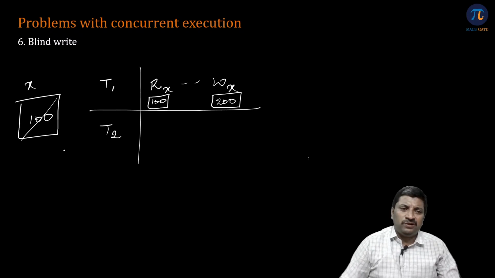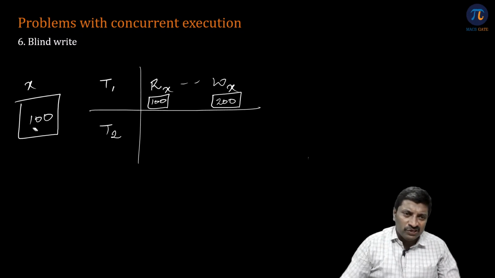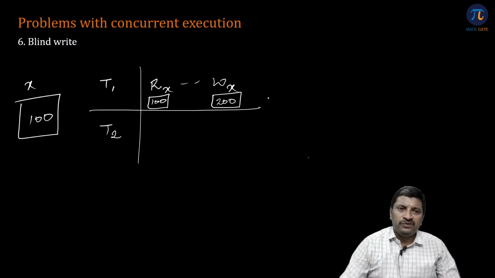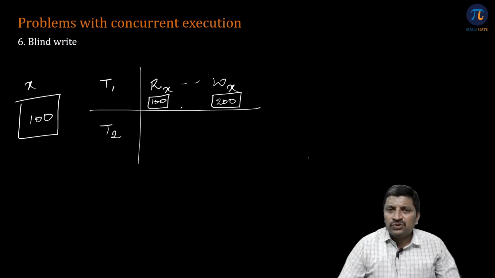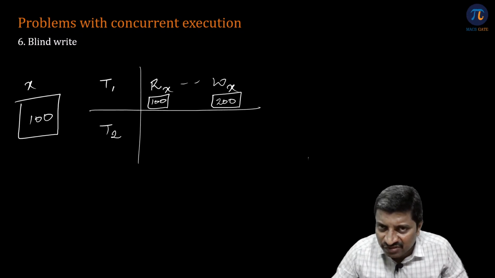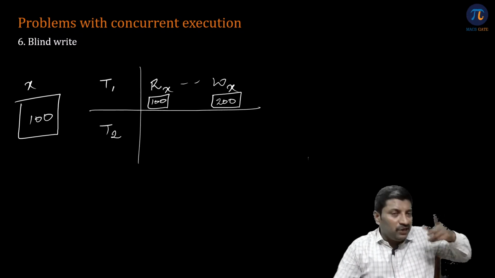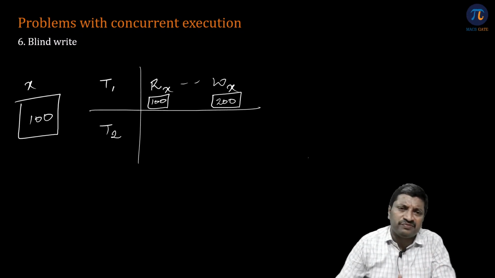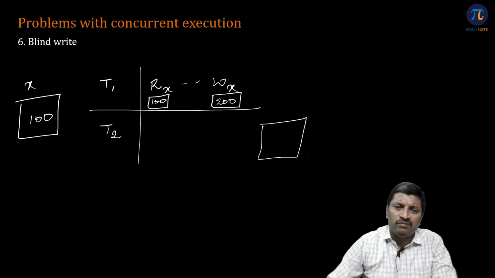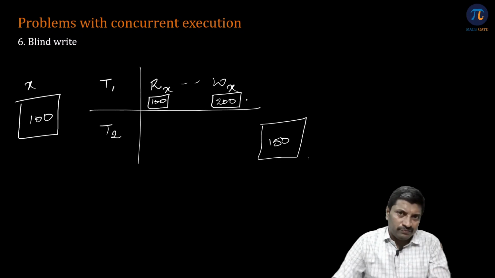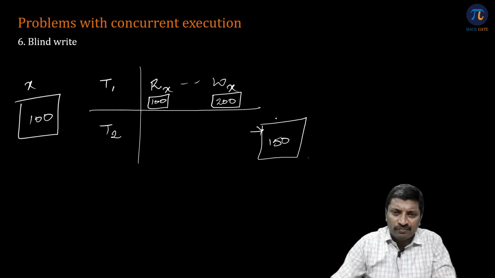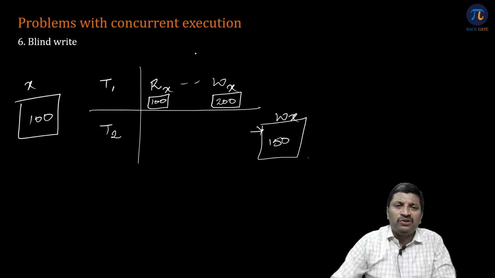Now T2 wants to make the value of X 150. Whenever T2 wants to make the value of X 150, it doesn't mind what the initial value is. It may be any value, but it wants to fix the value of X to 150. So it doesn't read the value, and directly modifies it to 150. But it is already 200. It may be decreased or increased, but T2 doesn't want to read it. So without reading, we are writing.